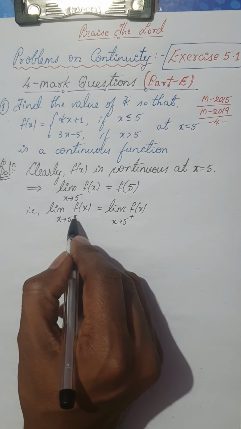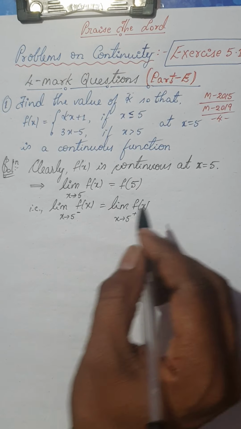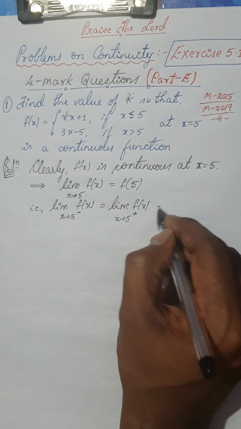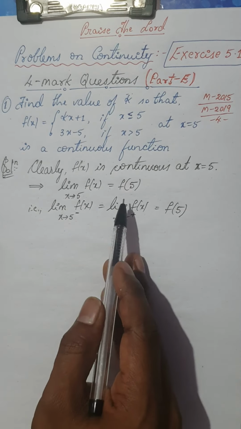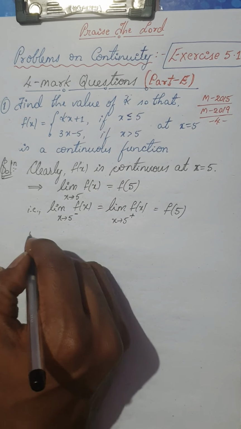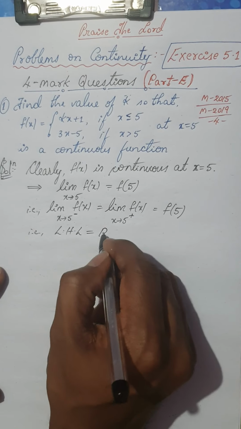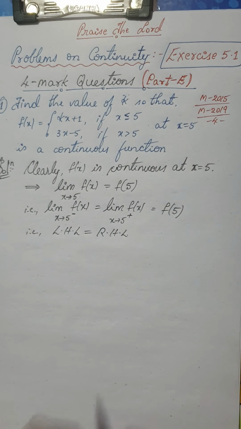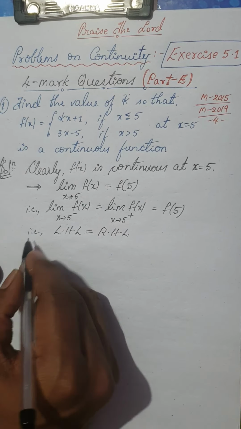Remember, the left hand limit I take as 5 minus, this indicates the LHL, and this plus indicates the right hand limit, and this is nothing but f of 5. Don't forget to write this step, because you would be getting 1 mark here itself. That means my LHL is equal to RHL.